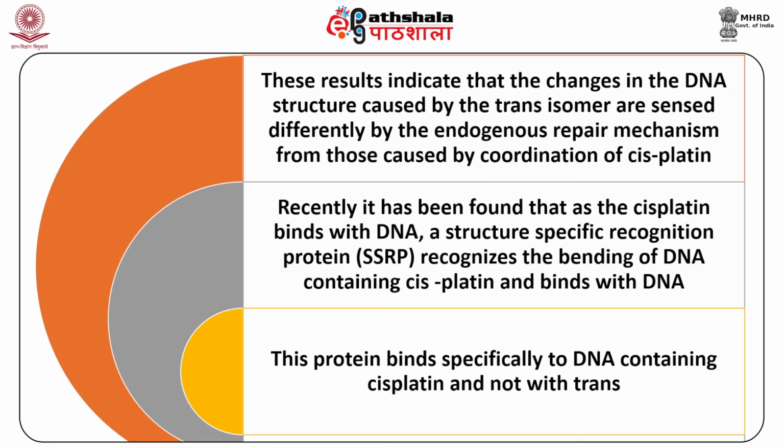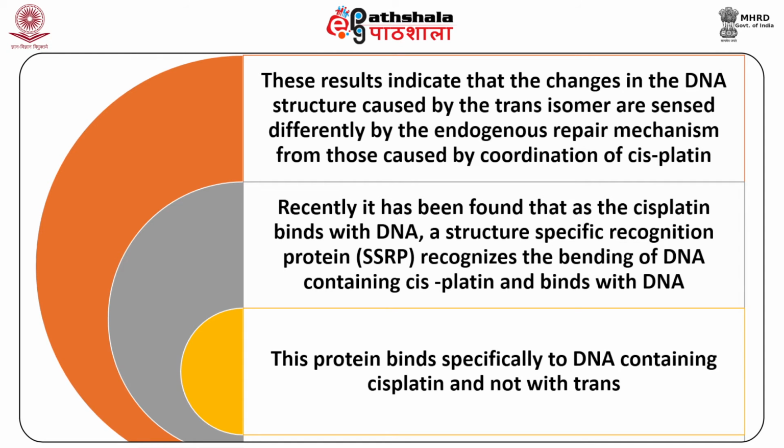These results indicate that the changes in the DNA structure caused by the trans isomer are sensed differently by the endogenous repair mechanism from those caused by coordination of cisplatin. Recently, it has been found that as cisplatin binds with DNA, a structure specific recognition protein recognizes the bending of DNA containing cisplatin and binds with the DNA.